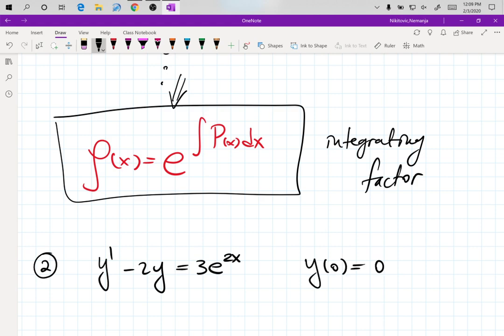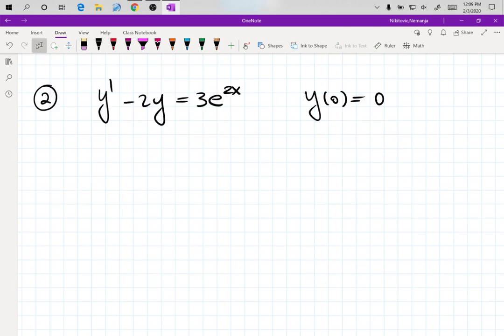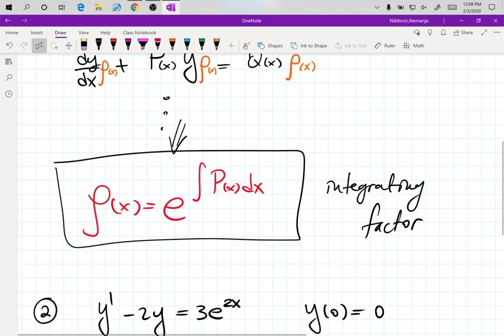So this is the cheapest possible problem you can get, right? Because the p of x is what? Negative 2, not 2y, right? If you look at the formula, p of x is strictly in front of y, and there's a positive sign in front.